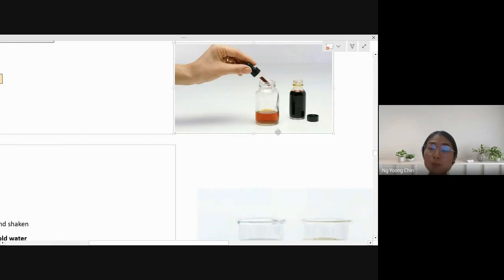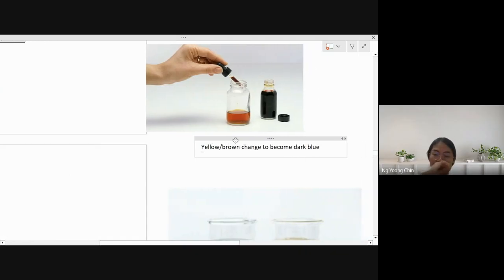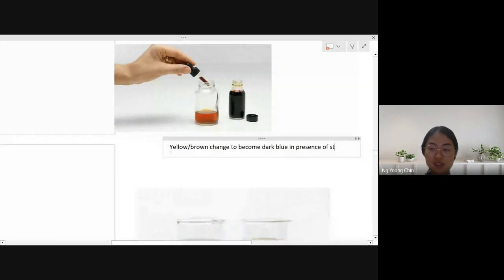So when you put this iodine solution on food that contains starch, the yellow or brown will change to dark blue, in the presence of starch.